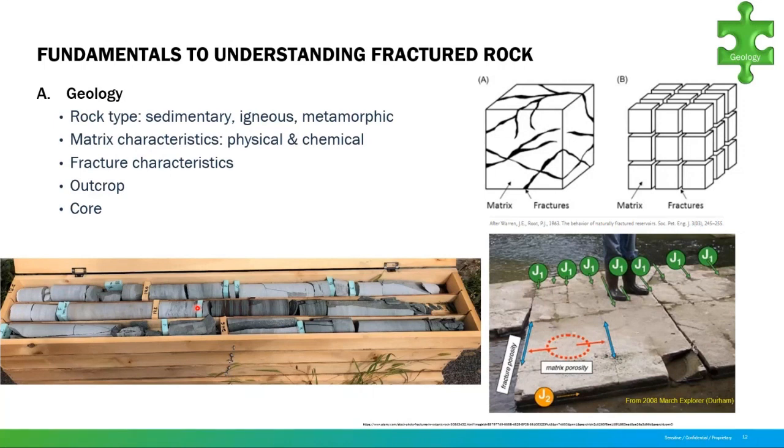Whereas igneous and metamorphic rocks have been formed under much different situations, and the stresses that have been placed on them are usually what causes the fracturing. So, here, for example, this might be an igneous or metamorphic rock, and you can see how the fractures are not horizontal at all. You need to consider the matrix effects as well as the fractures themselves.